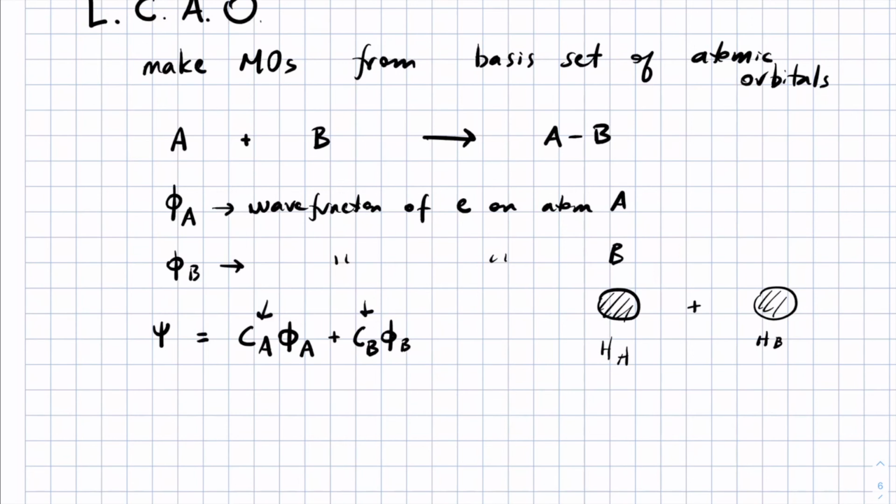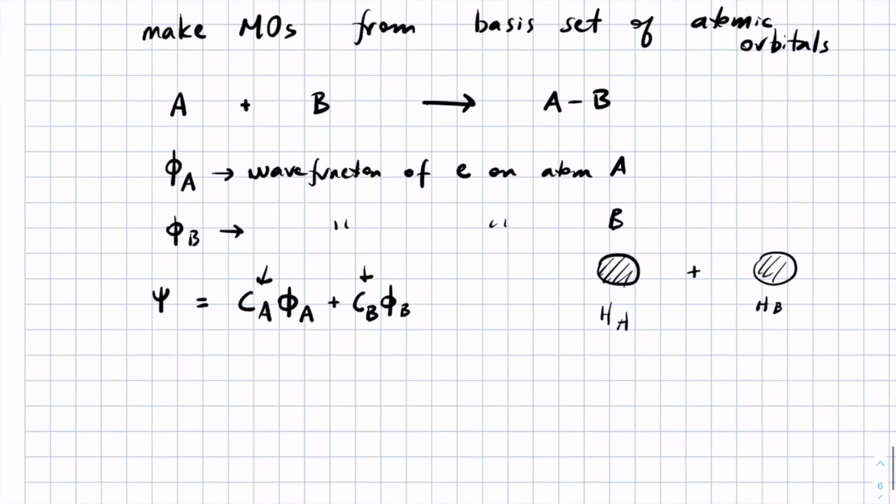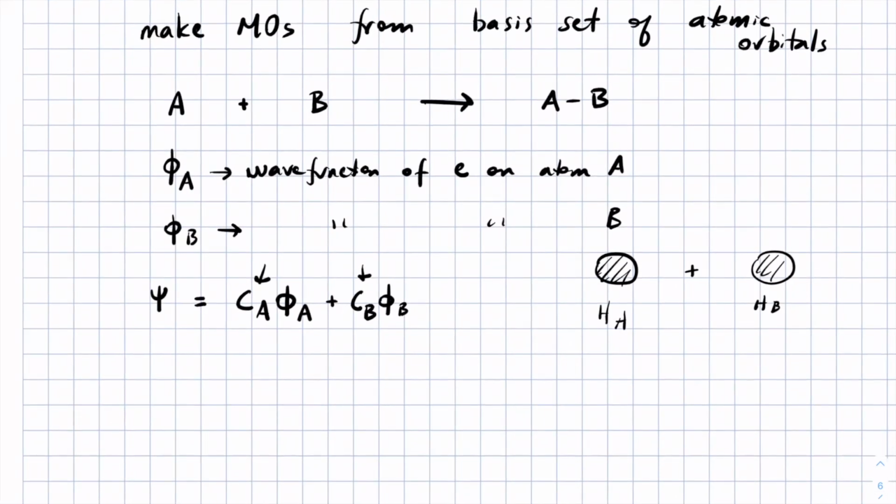To do this, we need to find values for these coefficients that minimize the overall energy of the molecule. We're going to begin with the hypothesis that the lowest possible energy wave function is the right one.